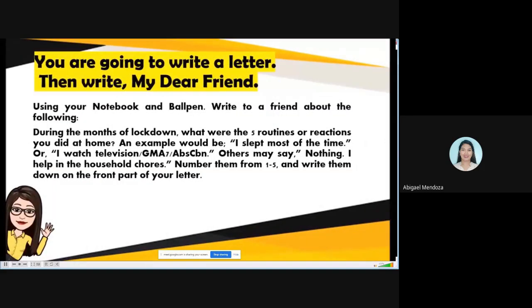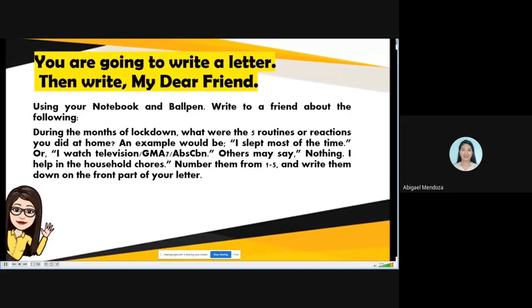You are going to write a letter, then write, "My dear friend." Using your notebook and ballpen, write to a friend about the following. During the months of lockdown, what were the 5 routines or reactions you did at home?